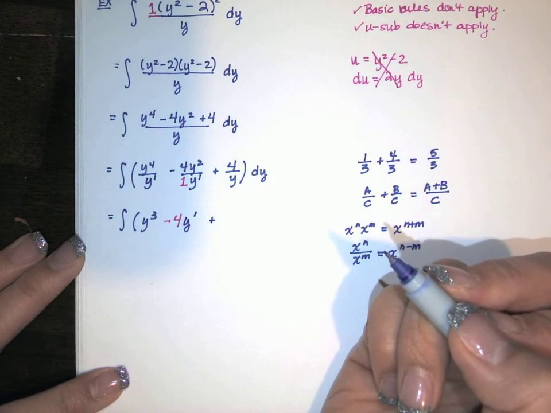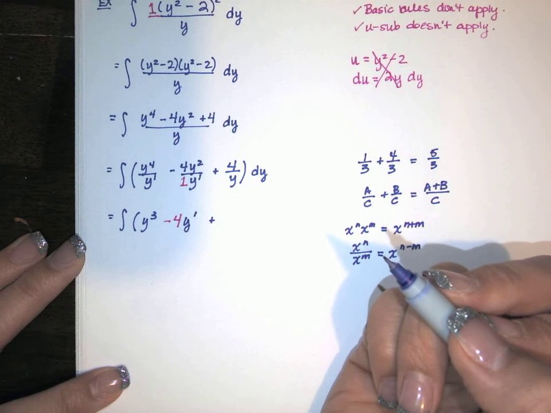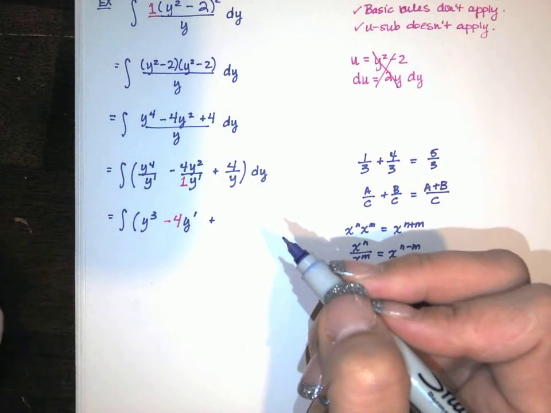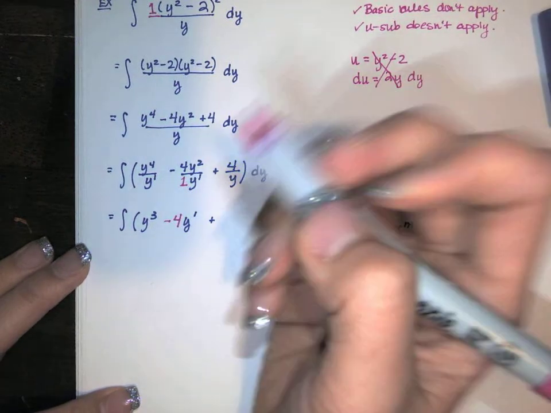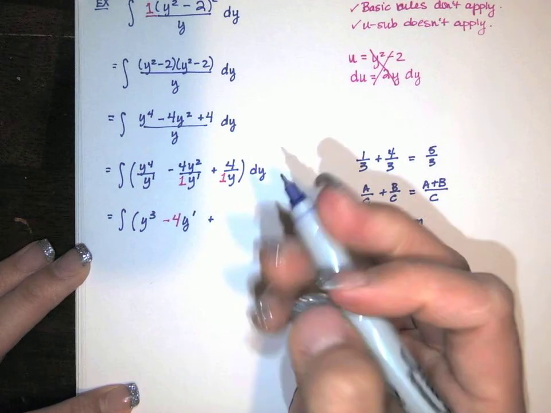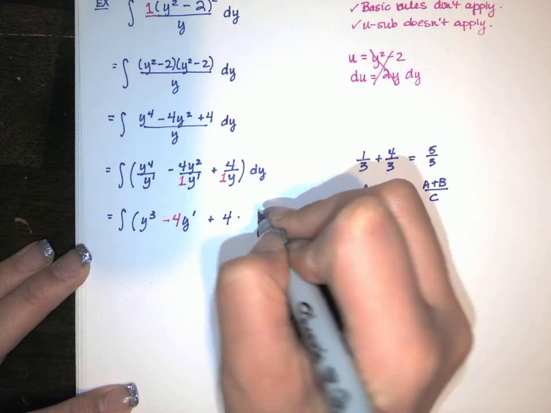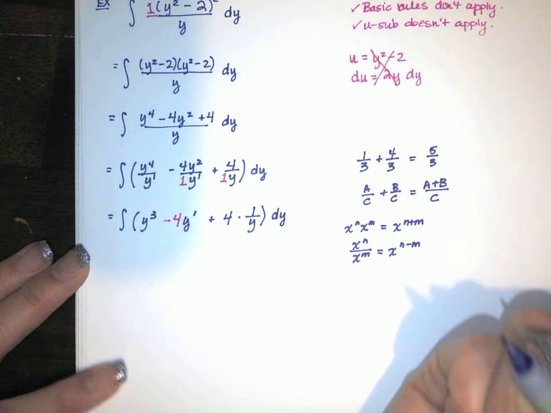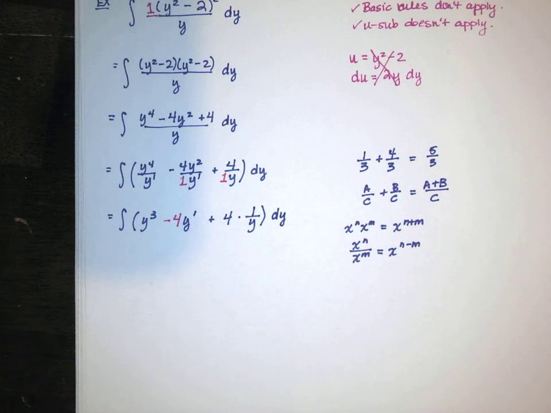it's tempting to write it as a negative exponent, and sometimes that's appropriate. But in this case, I'm not going to write it as a negative exponent. I'm going to think of this as a 4 over 1 and factor out the 4 and then multiply by 1 over y. And you might say, why on earth would you do that?